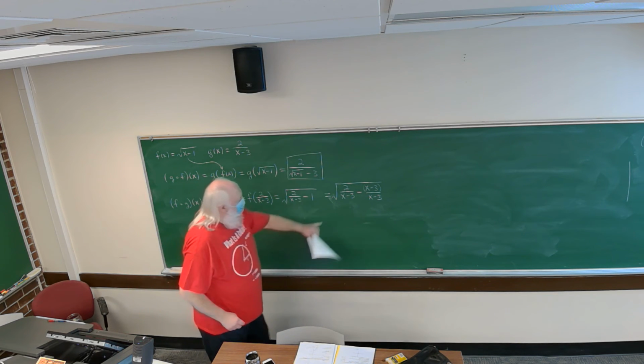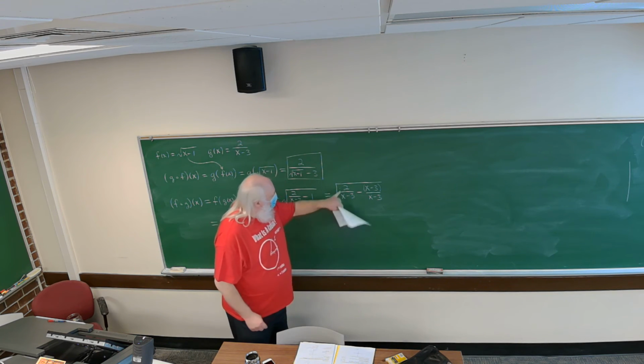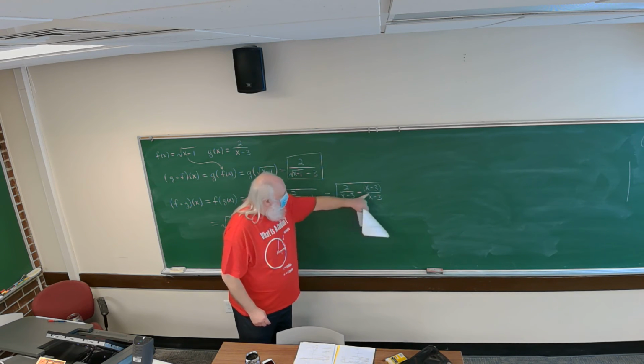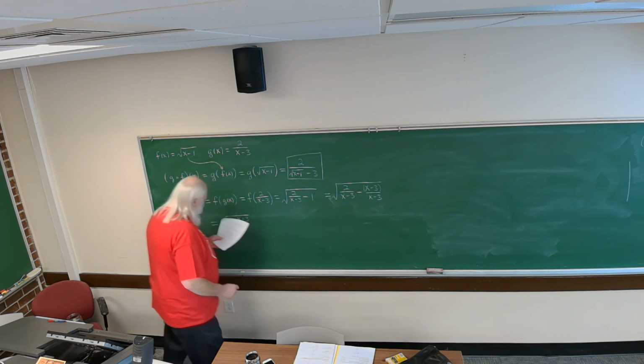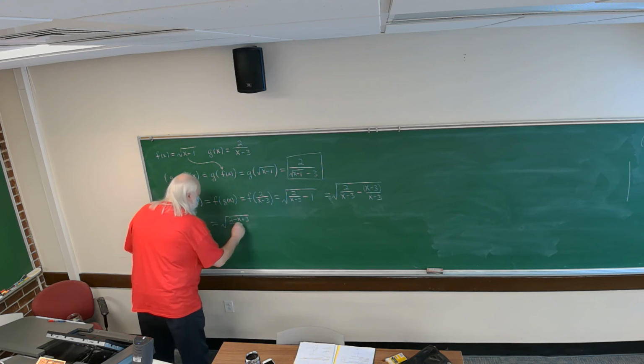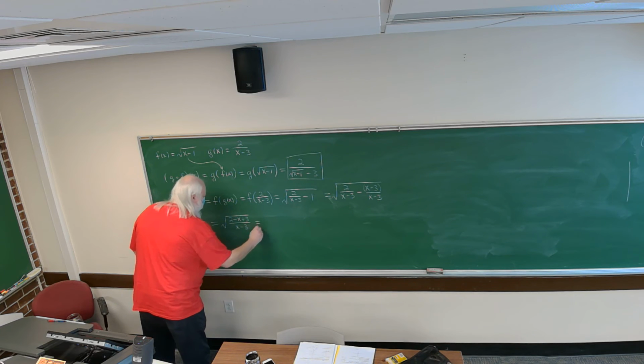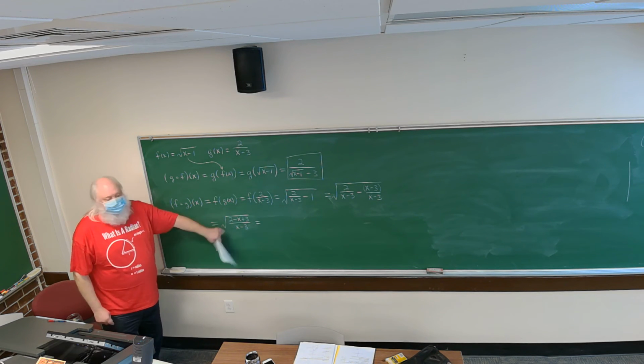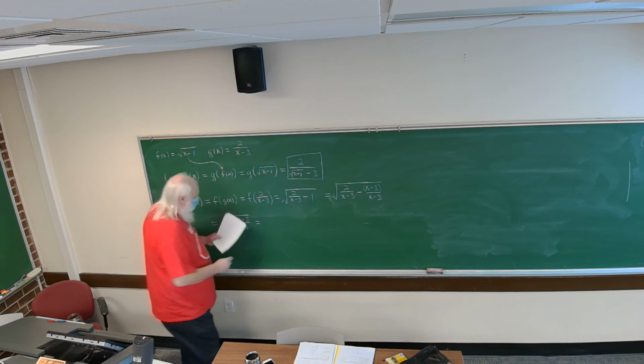Now we can combine the numerators because we have a common denominator. So when we distribute the minus sign, we'll have 2 minus x plus 3 all over x minus 3. And then the numerator simplifies to 5 minus x.